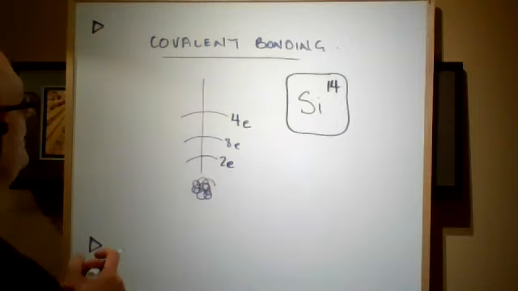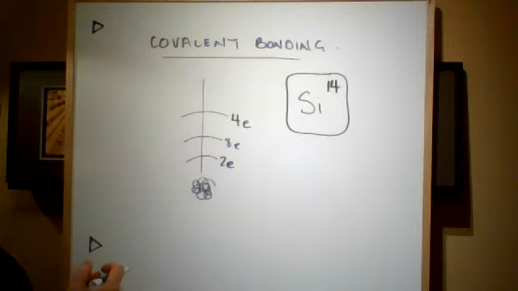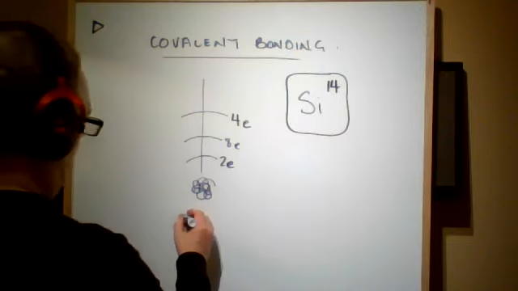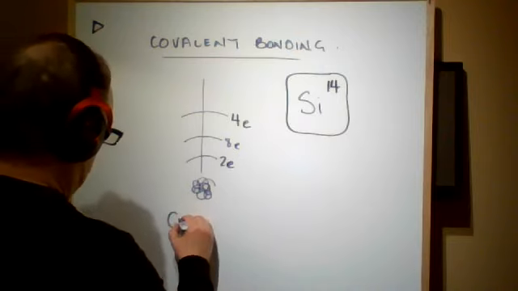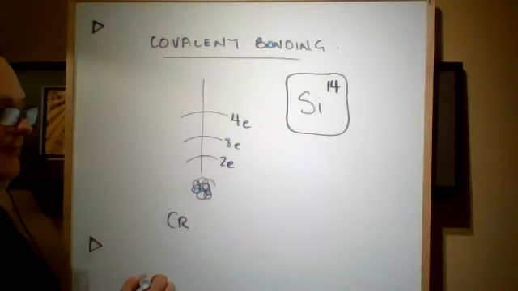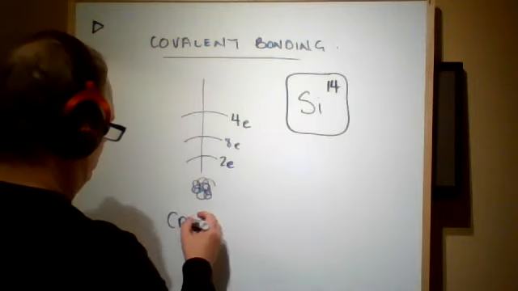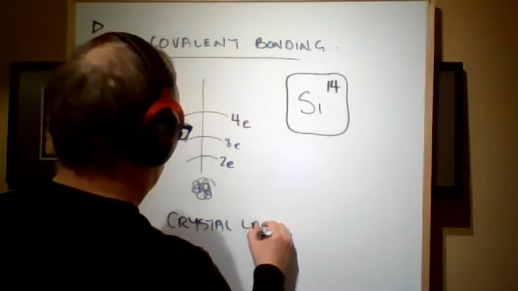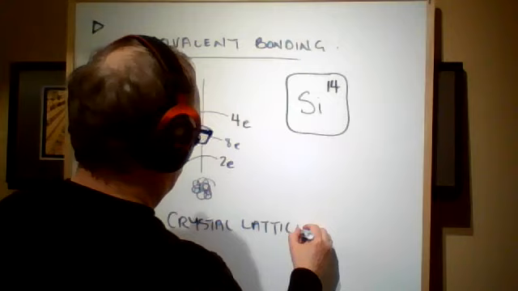Okay, now moving a little closer to the electronics. The next covalent bond that we're going to look at is the covalent bond that occurs when a silicon crystal is formed into a structure that we call a crystal lattice.